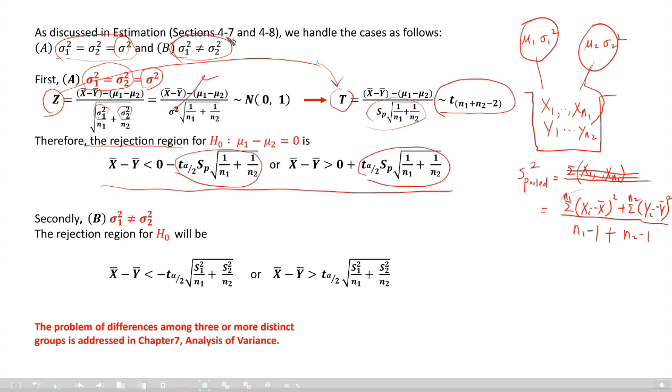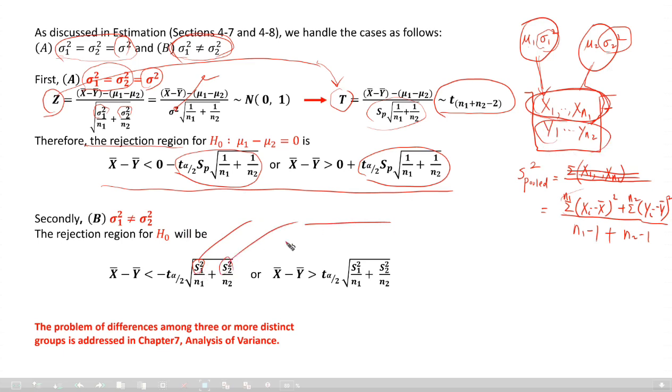And how about the case sigma 1 square not equal to sigma 2 square? Then sigma 1 square should be estimated from the samples from population 1, and sigma 2 square will be estimated by the samples from population 2, that is s1 square and s2 square.